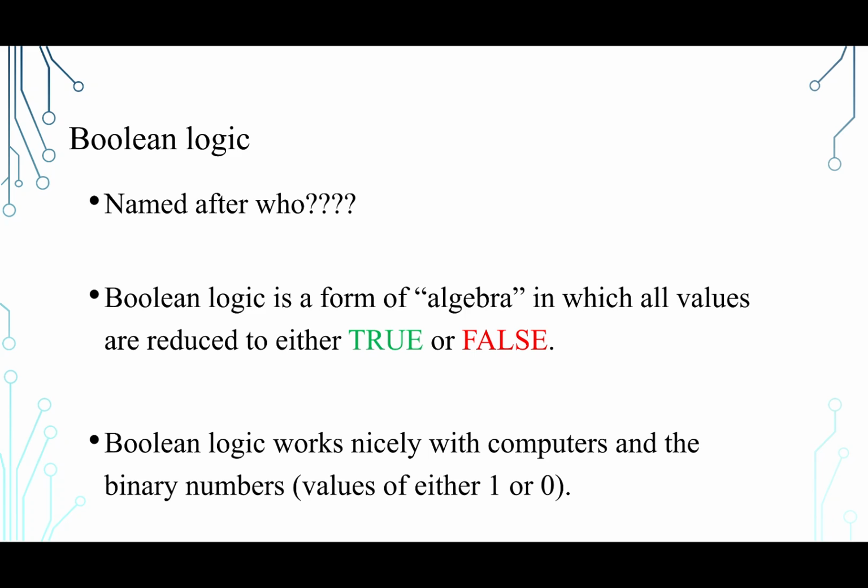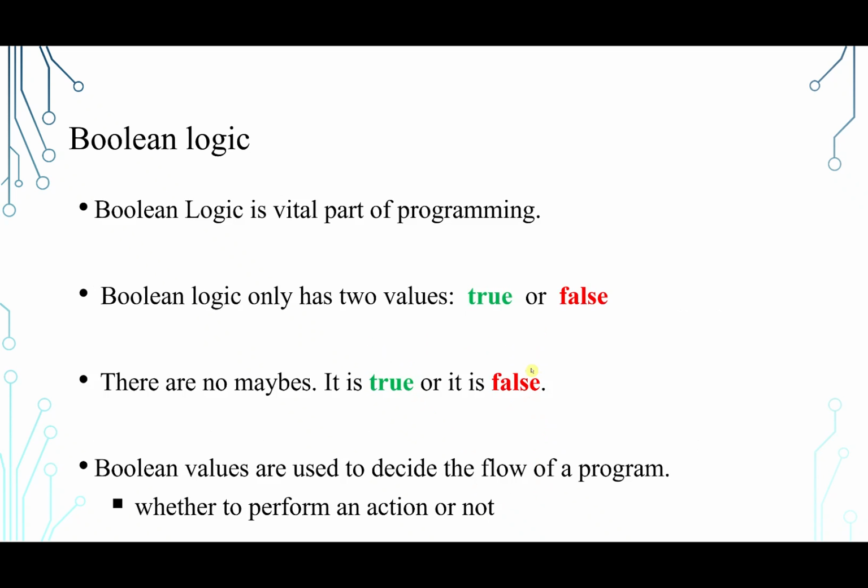Boolean logic works nicely with computers because computers use binary numbers, 1 or 0. 1 or 0, right? True or false. So, Boolean logic is a vital part of programming. Boolean logic only has two values, true or false. There are no maybes. It's either true or false.